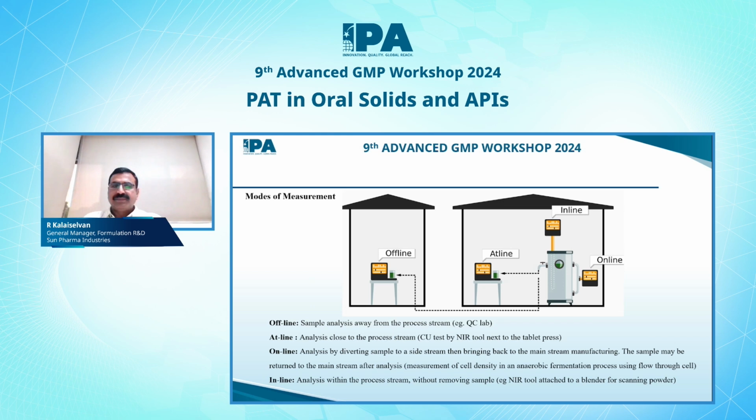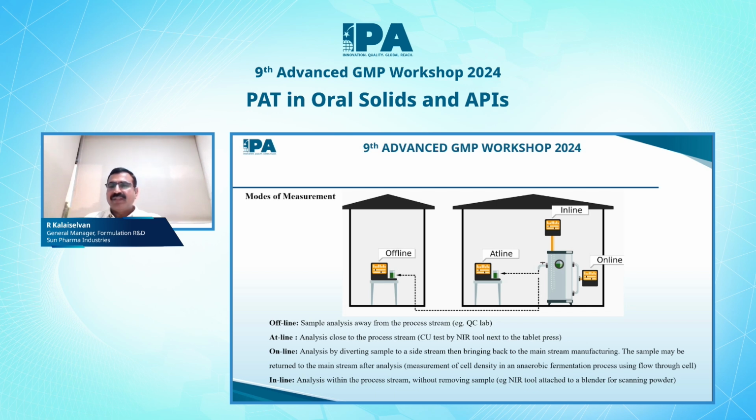Next slide, please. So here we can see modes of measurement. Although we know what is offline, at-line, online, we need a regulatory definition of what is online, at-line, and in-line. Otherwise, it looks like all are similar. Briefly, if the sample is measured in the mainstream of manufacturing, it is called inline.